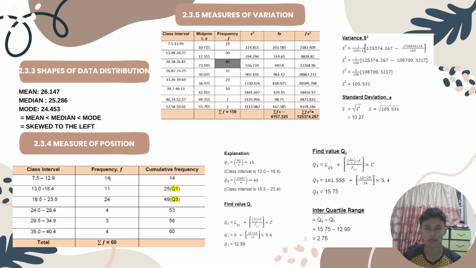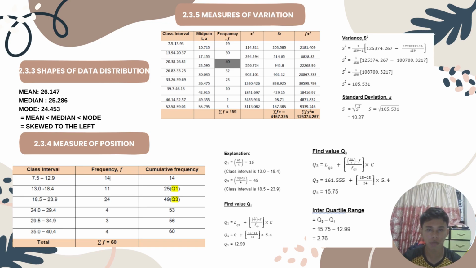Shape of data distribution: mean 26.147, median 25.289, and mode 24.453, with the mean, median, and mode skewed to the left. 2.3.4, measure of position, with quartile 1 being 12.99 and quartile 3 being 15.75, then the interquartile range, quartile 3 minus quartile 1, 20.75 minus 12.99, we get 7.76.